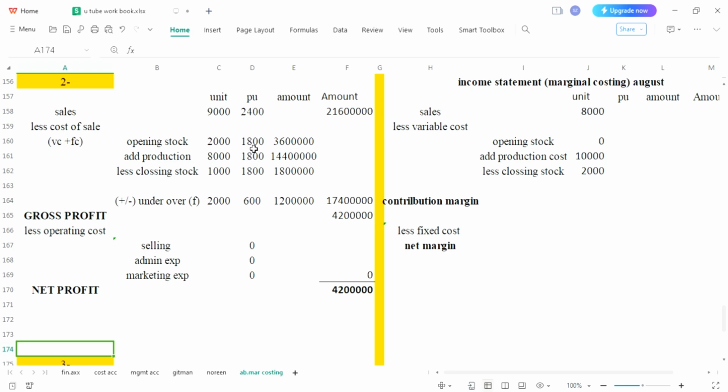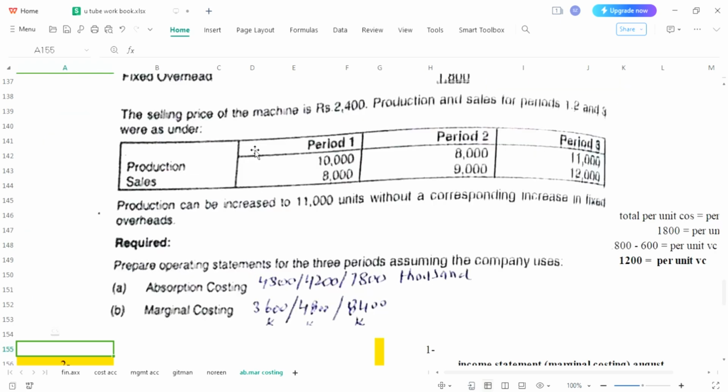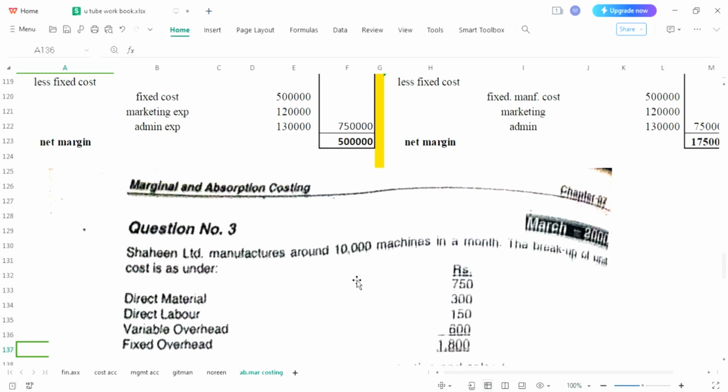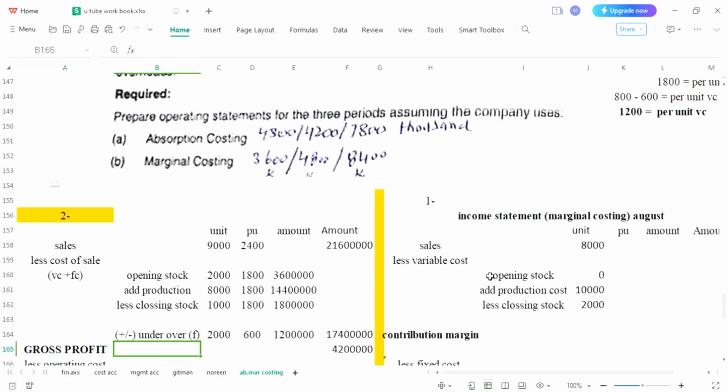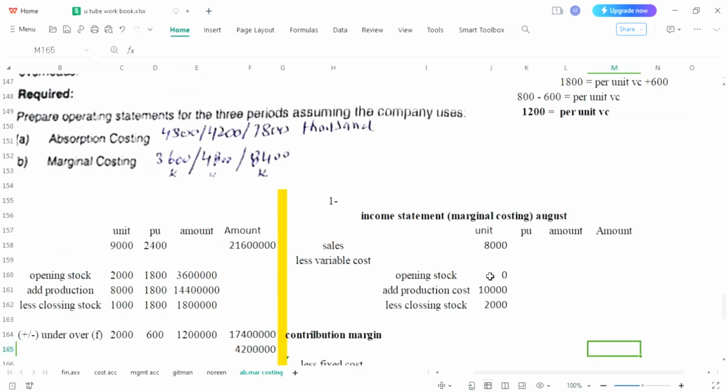That is why you have written 1800. 1800 was the cost where both fixed and variable was added, but in marginal costing we need to put variable cost only, and that we have calculated is 1200. So 1200 would be put here, and the same 1200 would be used for production and closing stock.